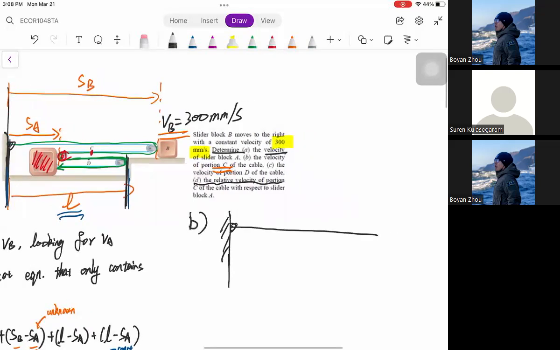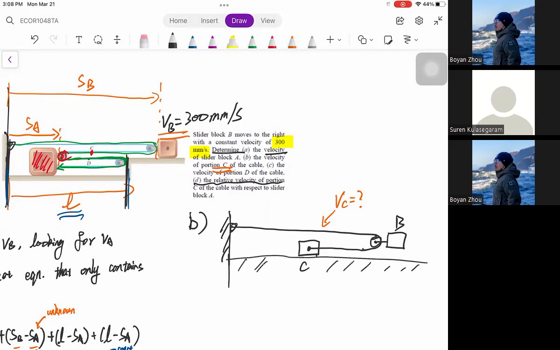From here, it connects to a pulley, and the pulley is connected to point B. And when it reaches point C, where we're looking for the velocity VC, we can just assume that this point is attached to a block or anything, and we're looking for the velocity of this block. So the complicated system can be simplified to something like this.